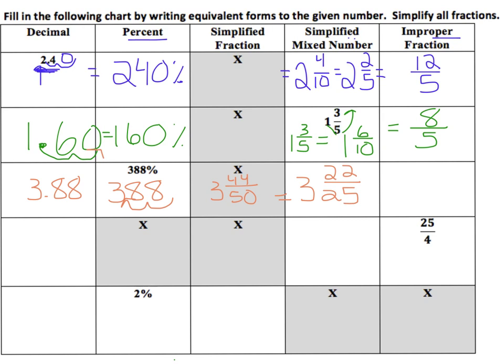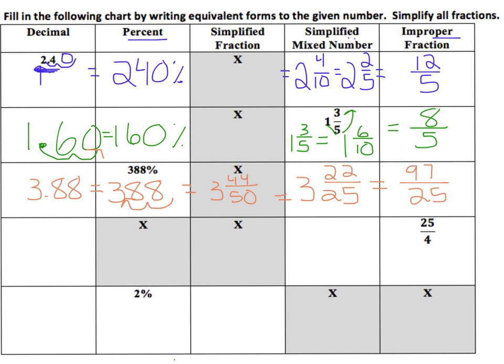But to change it to an improper fraction, 3 times 25 is 75, and then 75 plus 22 is 97/25. That's kind of a tough one. 97/25 is the same as 3 22/25, which is 388%, which is 3.88.